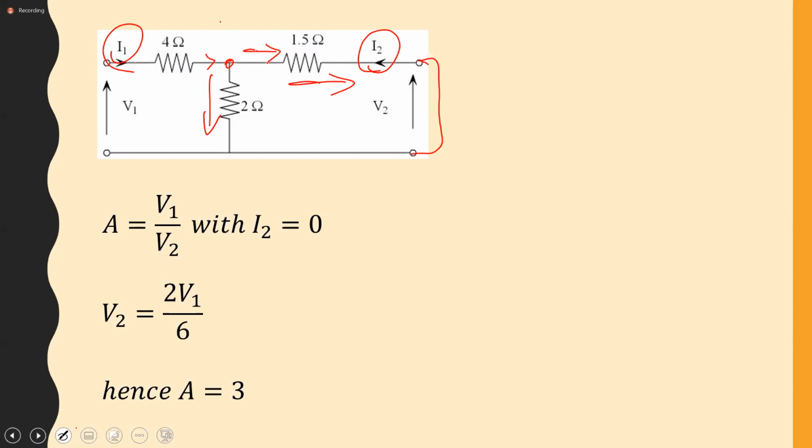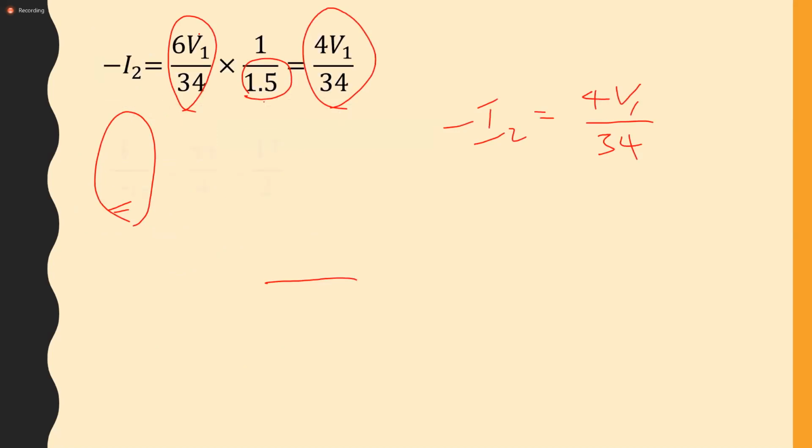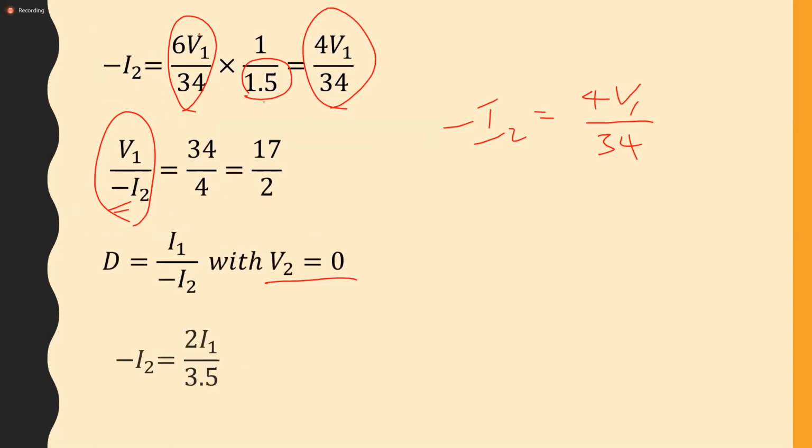All right? So the current through the 1.5 is therefore 2 I1 over 2 plus 1.5, which is 3.5. But what we are interested in is this ratio.